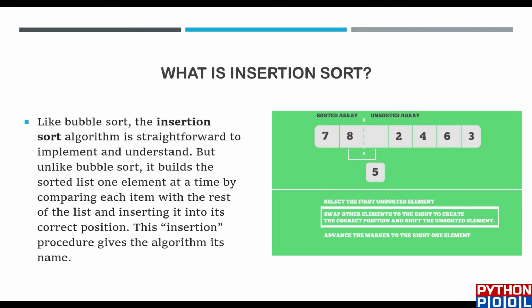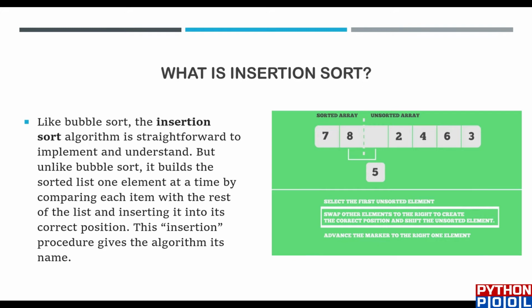Like in this list, if I have a number 5, I'll compare 5 with the whole list: 7, 8, 2, 4, 5, 6, 3. Then I break the whole list into two parts. One part is the sorted array and another part is the unsorted array.